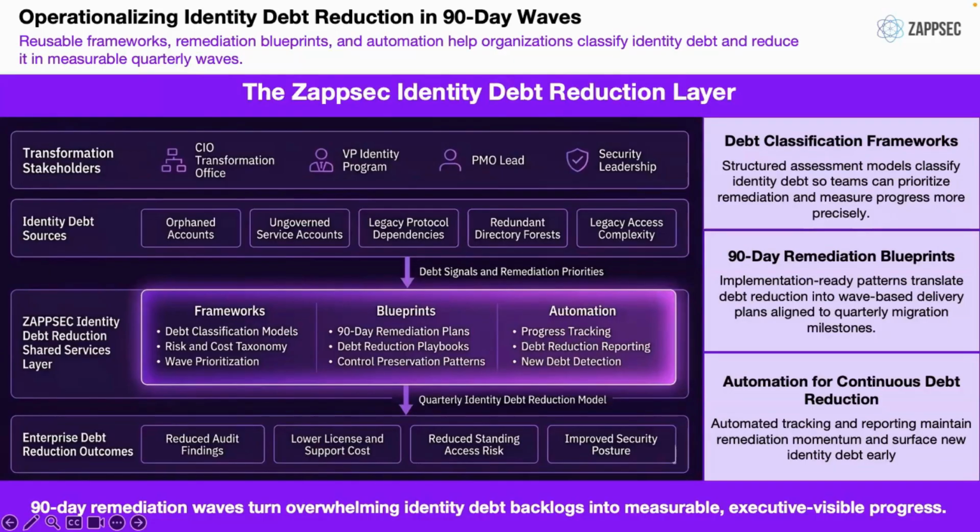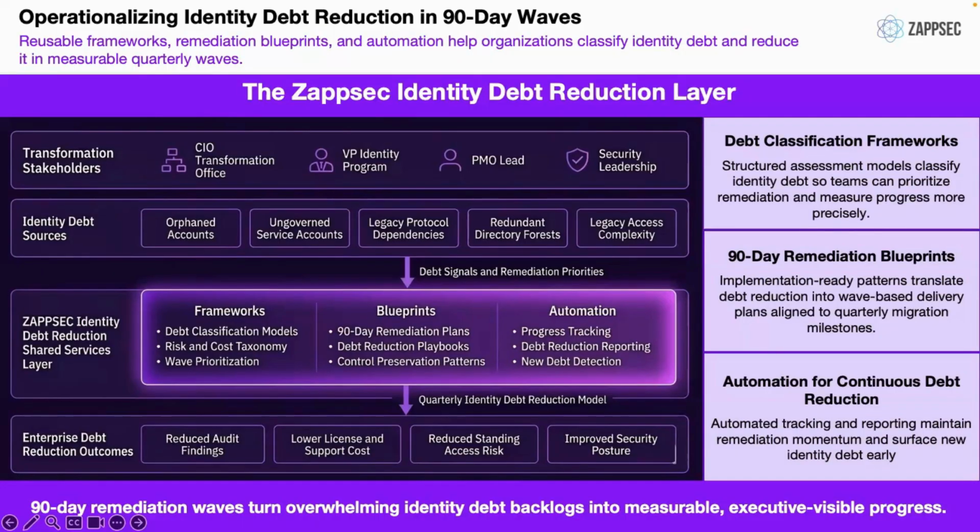We map every category in the environment, like orphaned accounts, service account sprawl, legacy protocol dependencies, redundant directories, ungoverned entitlements. We are mapping every one of these things and prioritizing them by risk, cost, and remediation complexity. Therefore, the CIO is able to get a clear picture of what to actually target first.